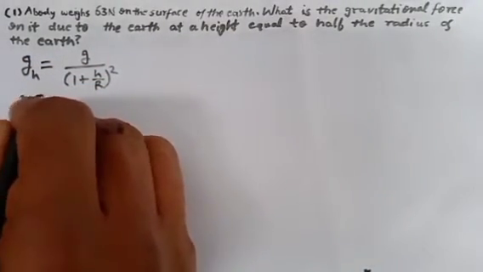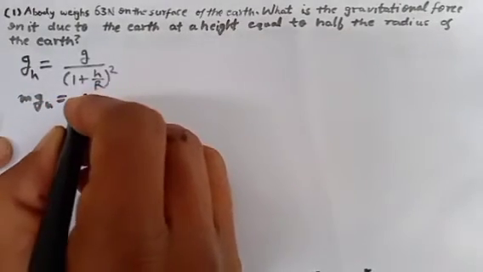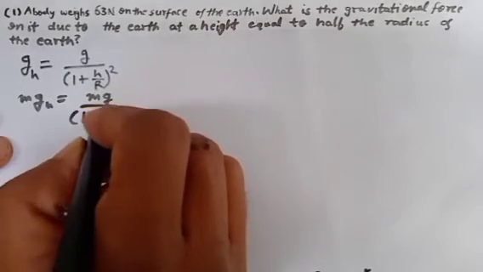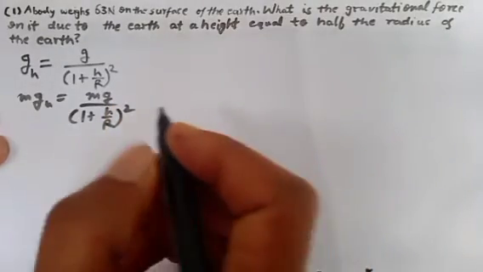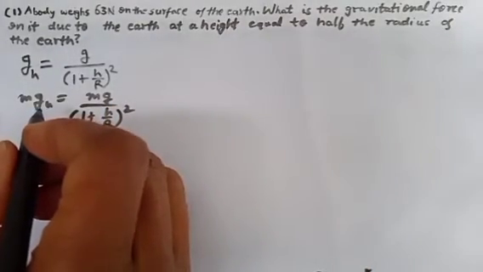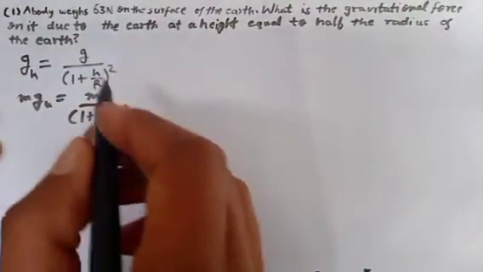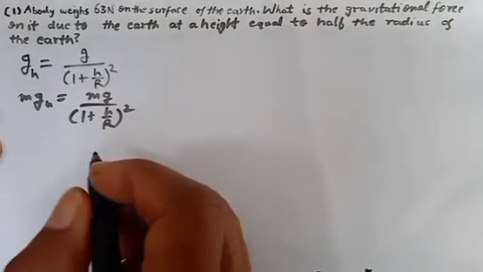So m g_h is equal to mg upon (1 plus h by R) square, and m g_h we have to find. mg we know is 63, so we can put that later on. Right now we'll proceed like that.